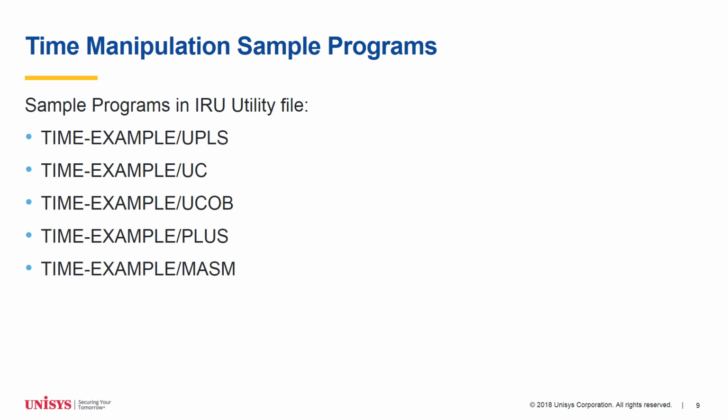To help you migrate your programs and utilities to handle new time formats and library routines, IRU added sample time manipulation programs for U+, UC, UCOB, and MASM languages to the IRU utility file. These sample programs accept user input time strings, convert those strings to the syslib or slib 3-word binary format, execute the time conversion library routine to produce a time B format time, and use a library or language-based time processing routine to display that time.